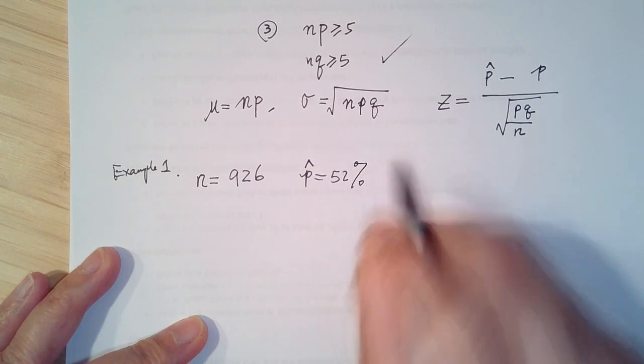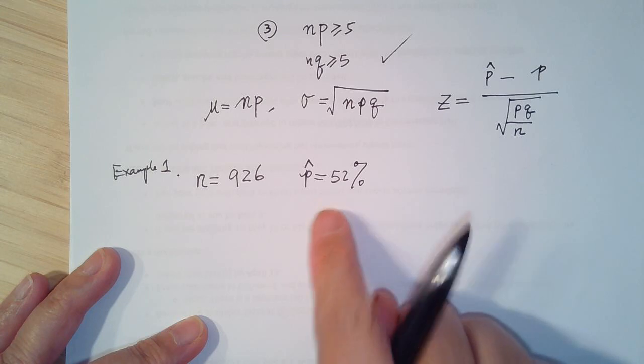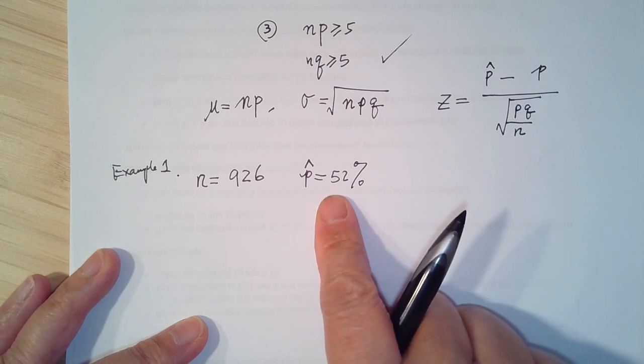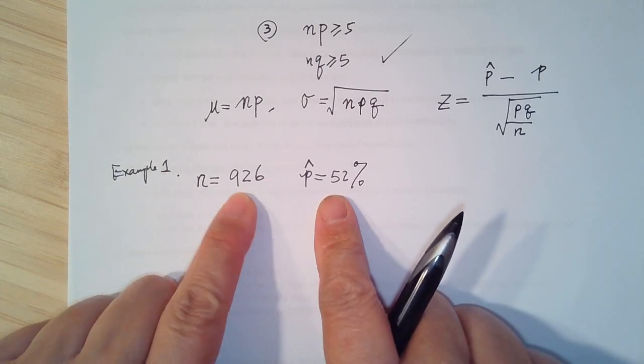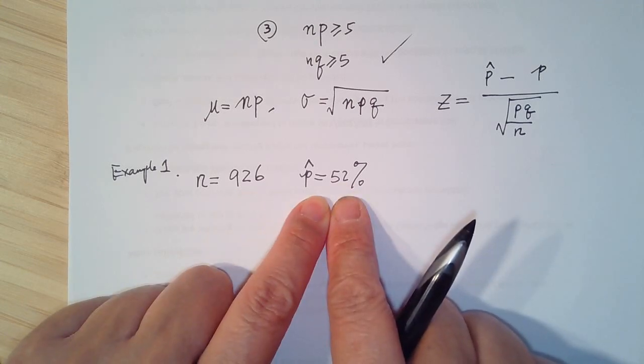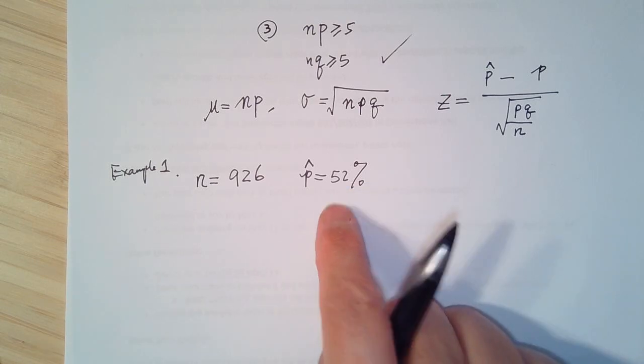Sometimes the p hat is given, sometimes this percentage is not given, but they give you 482 out of this 926 who respond with yes, so you can calculate the p hat by yourself. Either given or you can calculate.